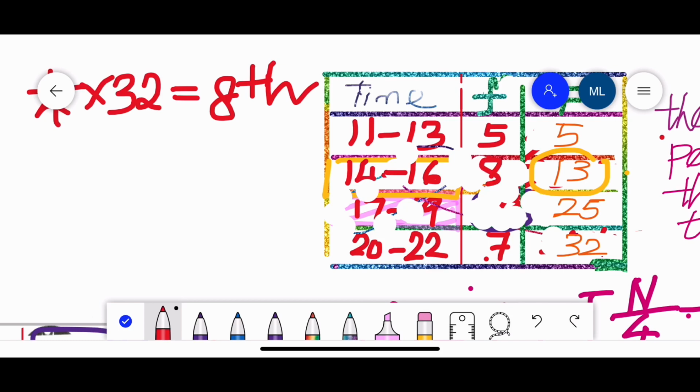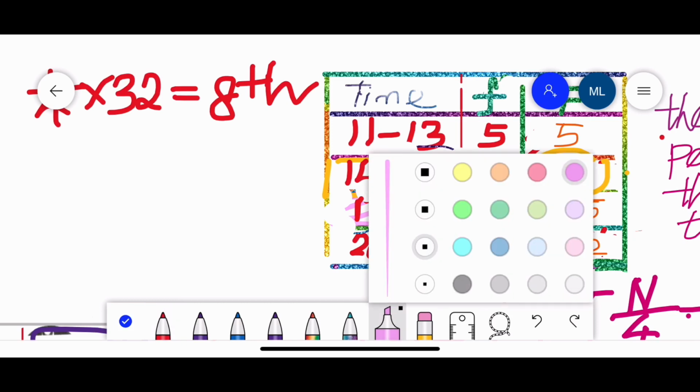From 11 to 13 is 5, 14 to 16 is 8, right? 17 to 19, you should have 12, right? If you read the question, the table, the histogram, it should be 12. Okay, with all the information correct already, now we can try to solve.